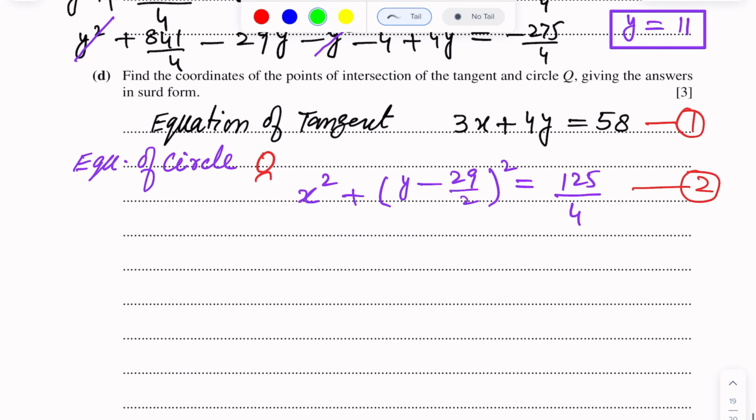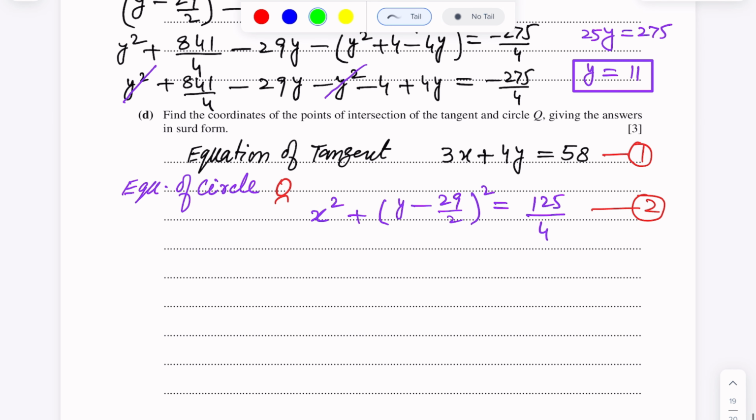Now we have to find the point of intersection of the tangent and the circle Q. So we are using the substitution method here. First of all, we make one variable the subject. We are making y the subject from equation number 1.